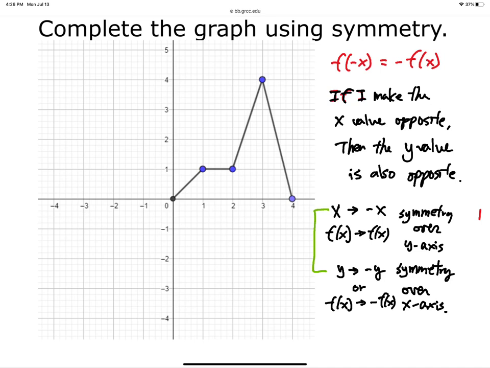You have to flip it over the x-axis and flip over the y-axis. Which means both x and y have to be opposite signs. So for example, this is 1, 1. Both the x value and the y value have to be opposite. So the point matching 1, 1 will be negative 1, negative 1. The point 2, 1 from the original, they both have to be negative. So this is negative 2, negative 1.